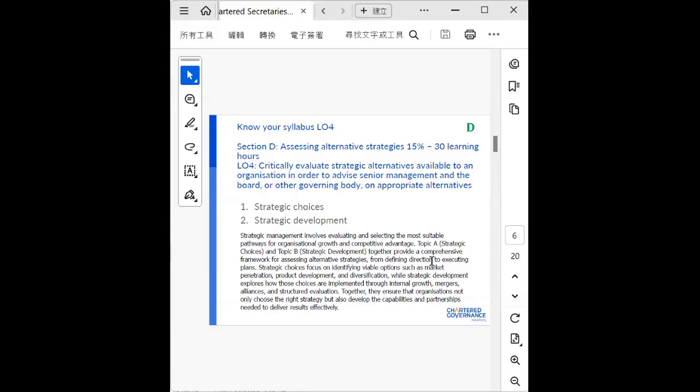Strategic choices focus on identifying viable options such as market penetration, product development, and diversification, whereas strategic development explores how those choices are implemented through internal growth, mergers, alliances, and structural evaluations. So together they ensure the company not only chooses the right strategy, but also develops the capability and partnerships needed to deliver the result.